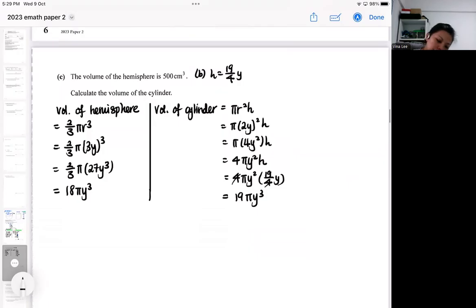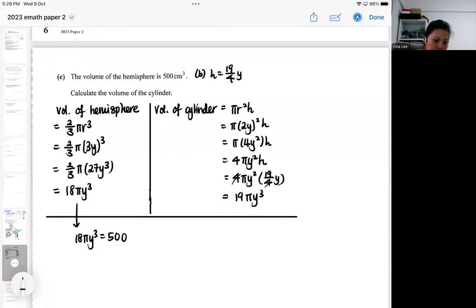Okay, so here comes the thing. So right now you observe the two expressions of volume first. And then this whole thing is given to be 500. So actually what I will do is I will just make pi y cubed as 500 divided by 18. And I will get 250 over 9.